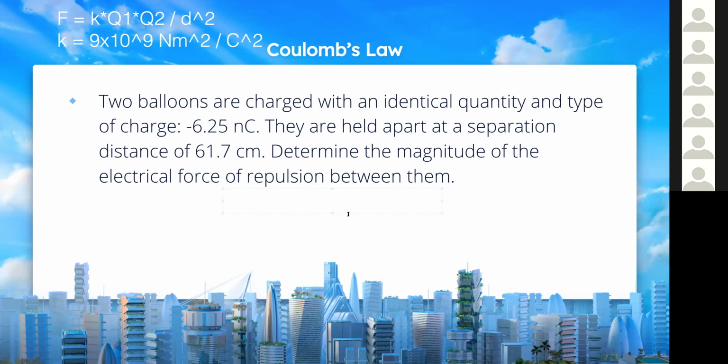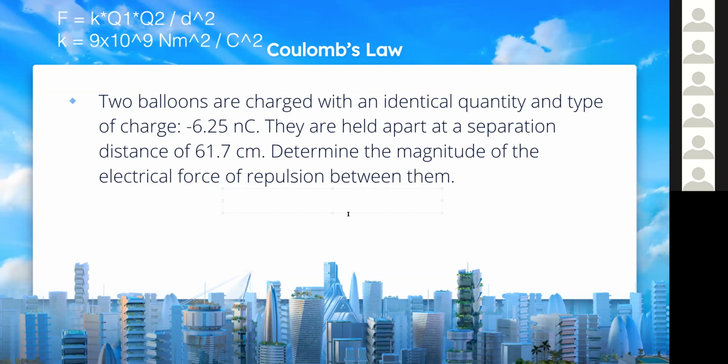So 2 balloons are charged with an identical quantity and type of charge, negative 6.25 nanocoulombs. They're held apart at a separation distance of 61.7 centimeters. Determine the magnitude of the electrical force of repulsion between them.